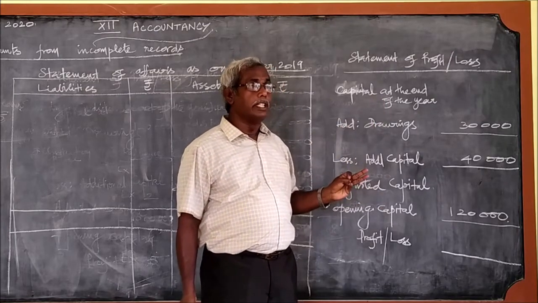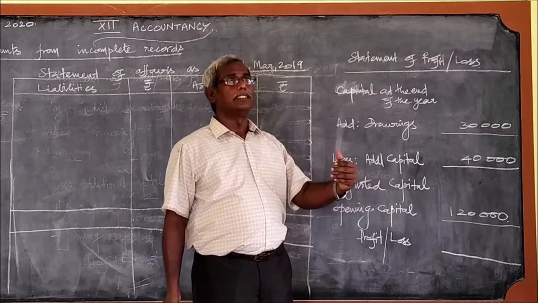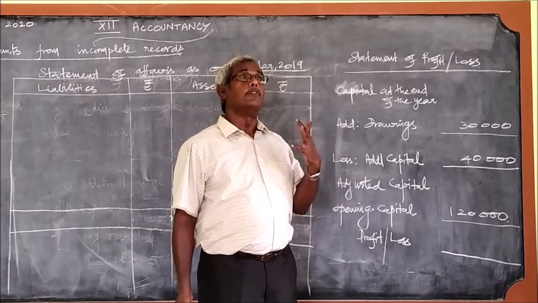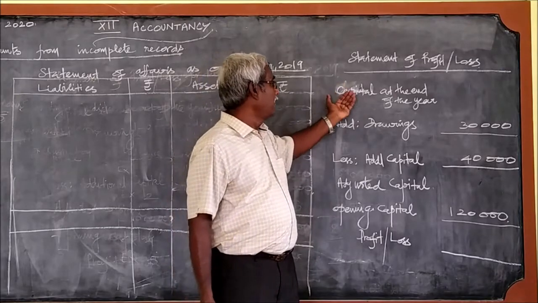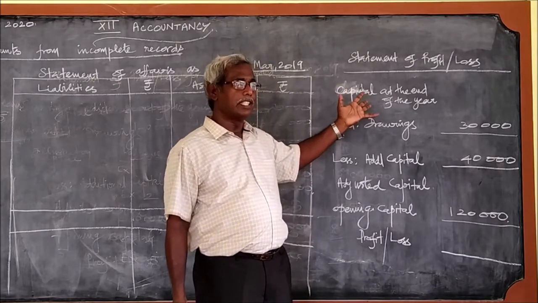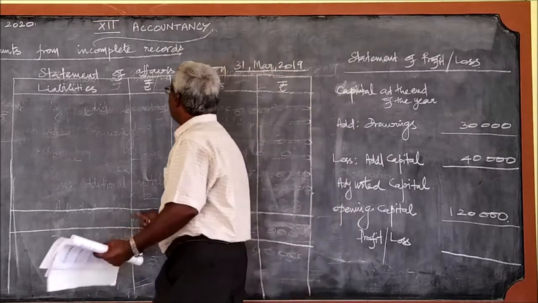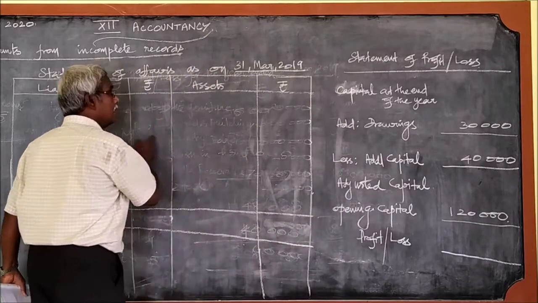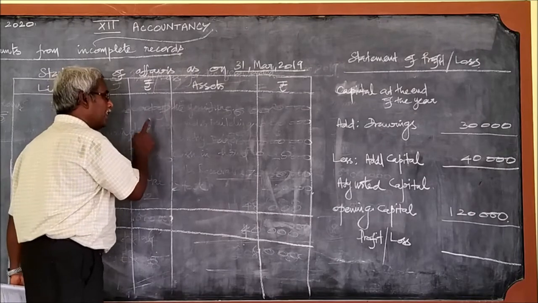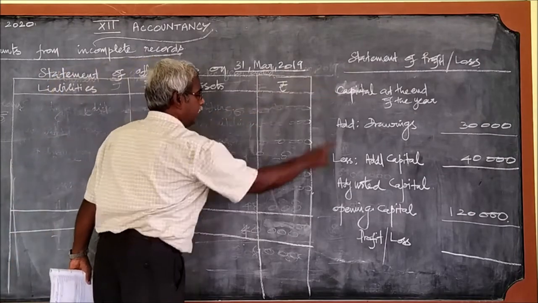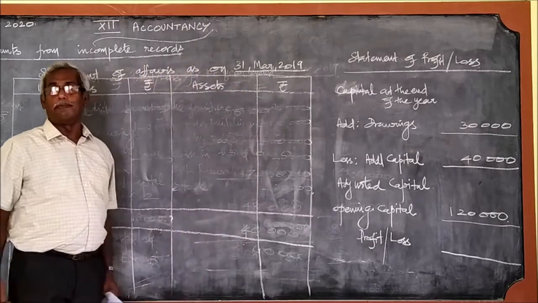This is not given directly, but you are given some assets and liabilities. Using this statement of affairs, find the capital at the end of the year and that answer should be written there to find the profit or loss.